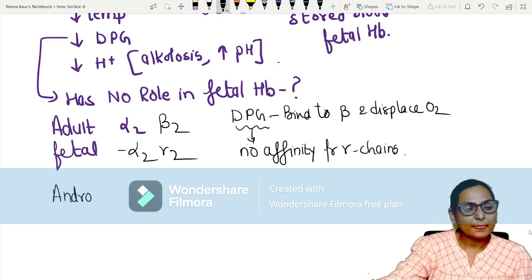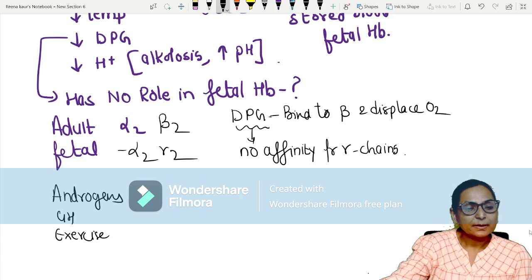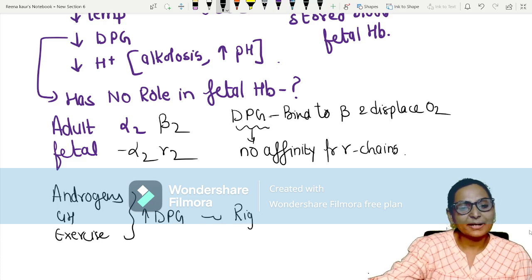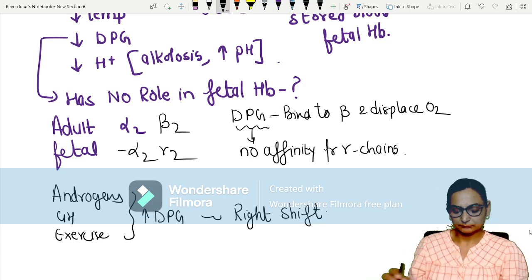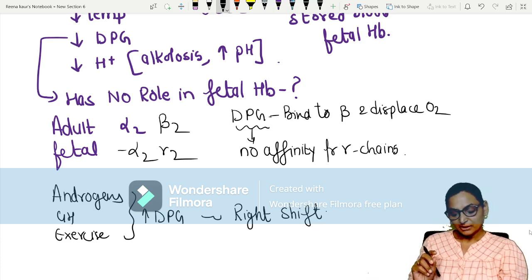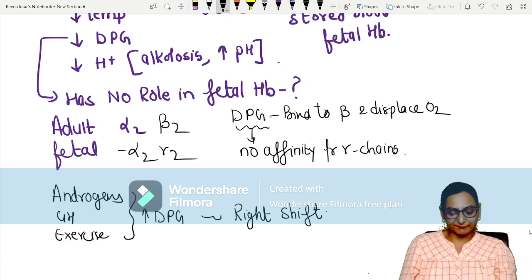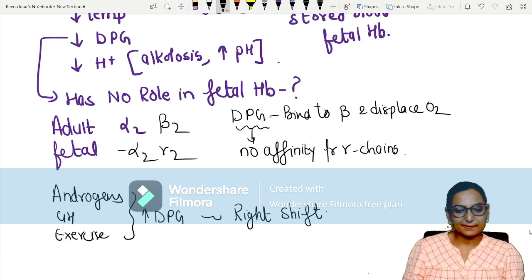Androgens, growth hormone, exercise, these all will increase your DPG, and therefore they will all cause the right shift of the curve. Yes, very good, Akansha. The fetal hemoglobin having gamma chains has got more affinity to oxygen.